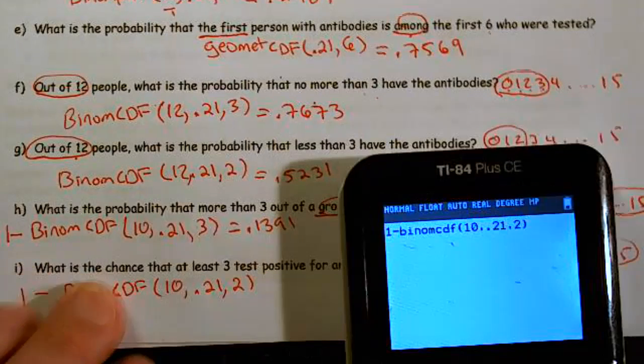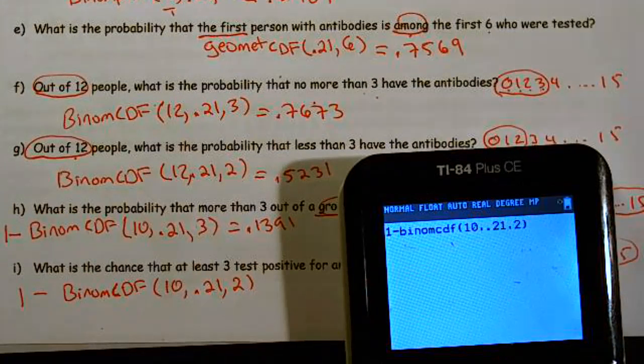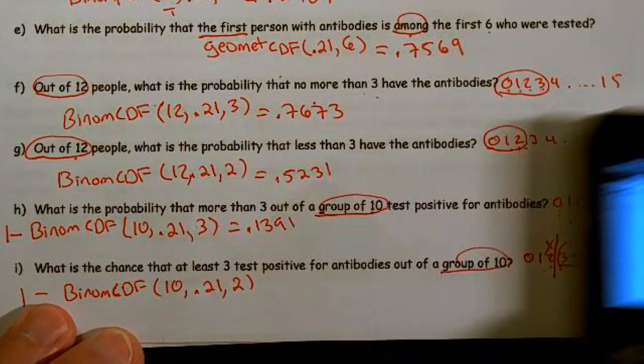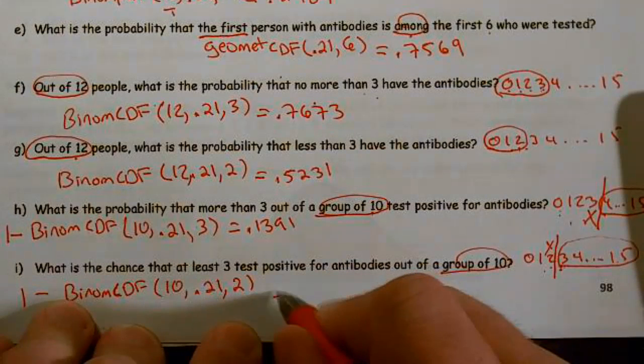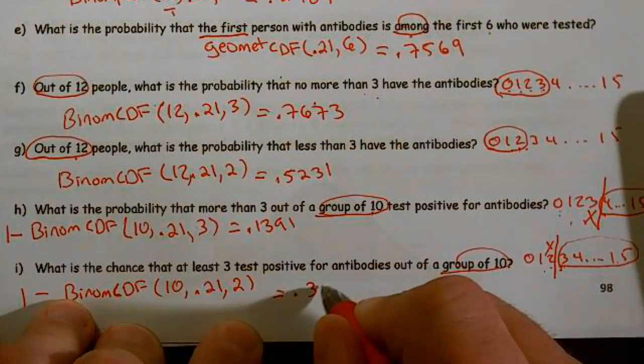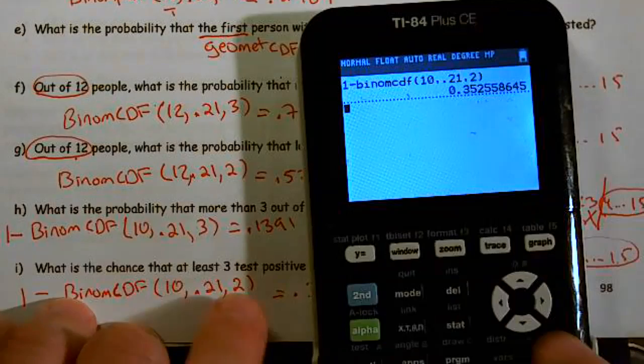So once again, these things should match right here. Press enter. And we end up getting 0.3525. Somehow or another, that's not what I have on my screen, which makes me think I need to run this again real quickly.